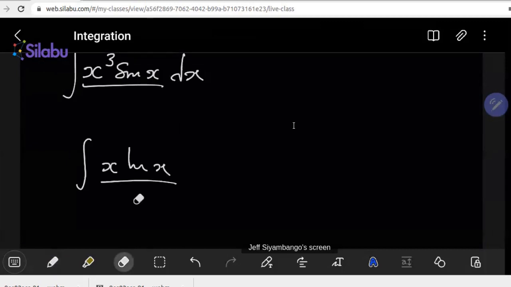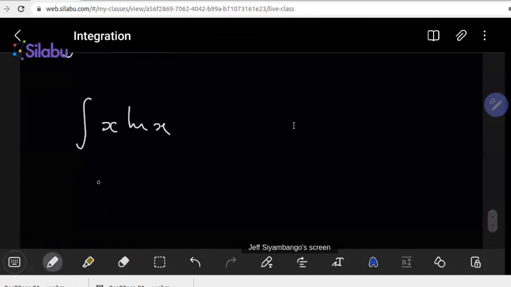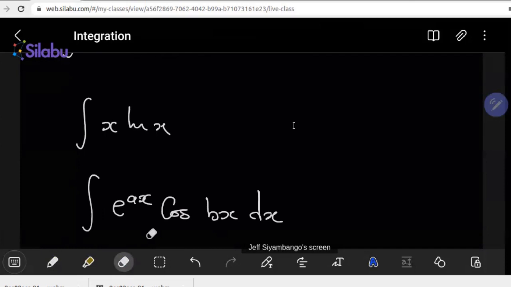But sometimes when you have, let's say, e to the ax and then cos bx dx, clearly, regardless of what you pick here as your u, regardless of how many times you differentiate it, it will never reduce to a constant.